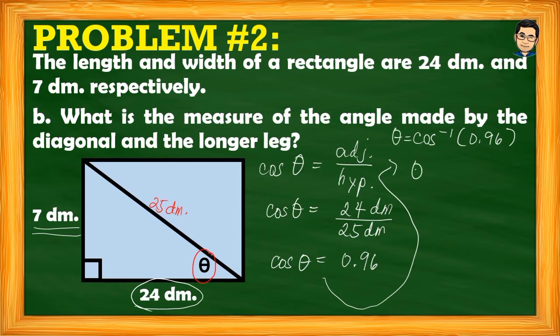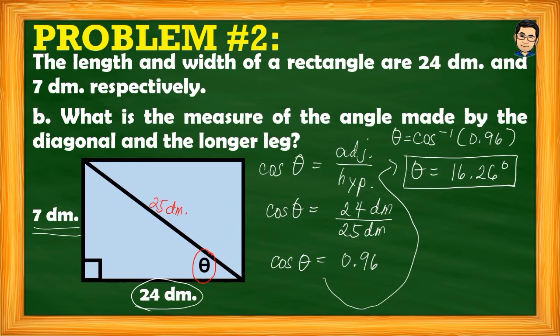So, kapag pinress nyo sa calcu yung cosine raised to negative 1, tas parenthesis 0.96, yung sukat po ng angle na hinahanap natin is 16.26 degrees. So, yun po yung measure ng angle made by the diagonal and the longer leg.